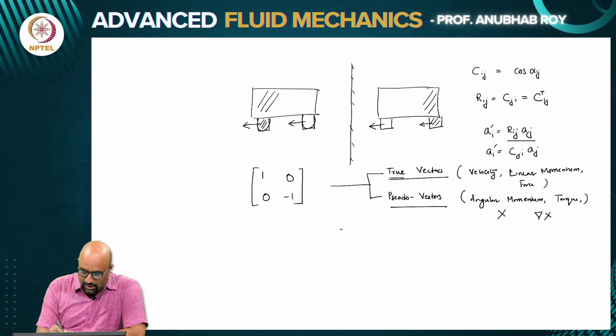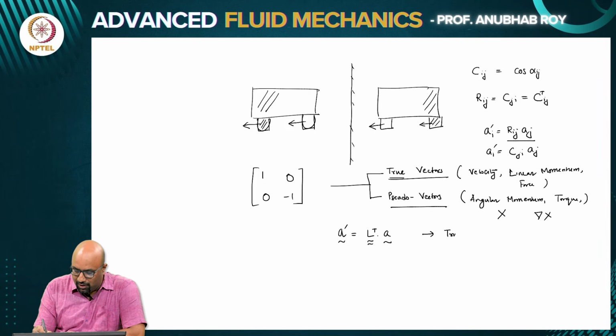So, the transformation that I wrote for a vector, A prime is A transpose dot L transpose dot A, that is how a vector transforms. This is actually for true vectors.